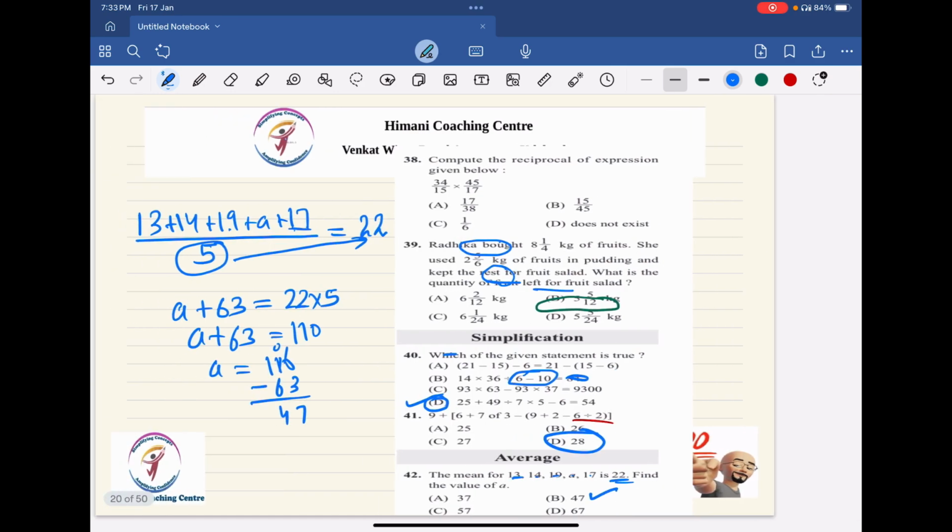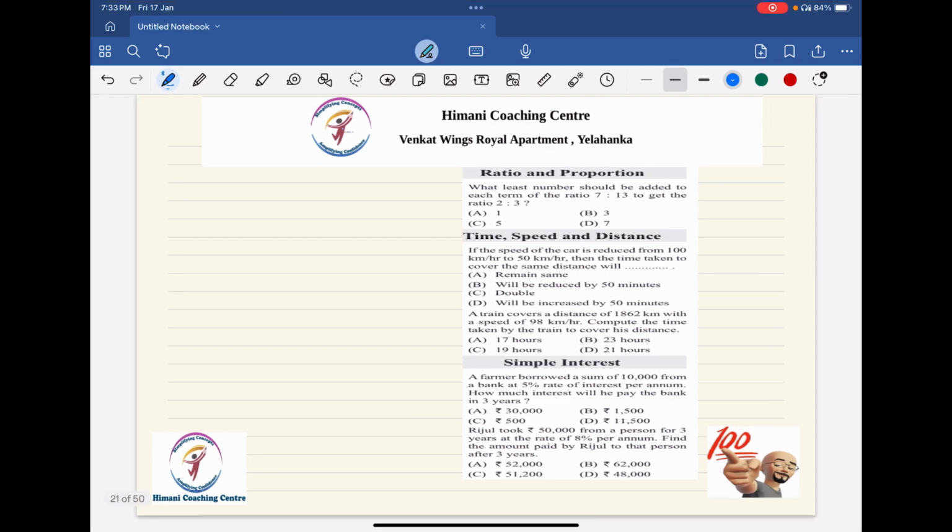Okay. Now let us see the next question. The next question is, what least number should be added to each term of the ratio 7 is to 13 to get the ratio 2 is to 3. Okay. So see, we are given this ratio 7 by 13, and they are saying what least number should be added to each term of the ratio.